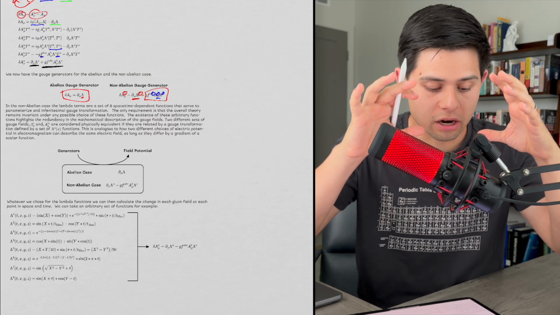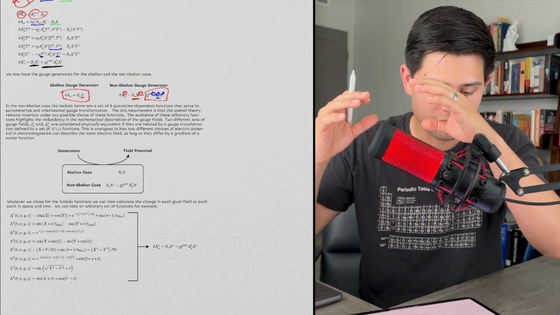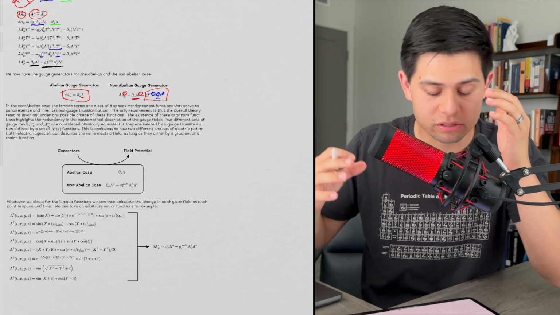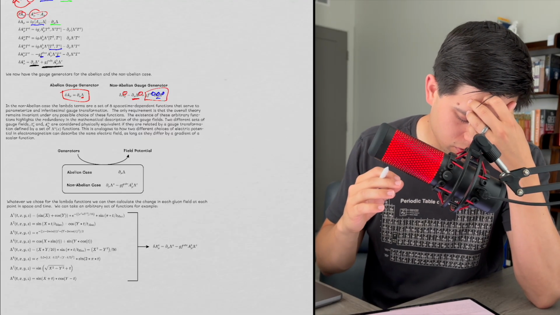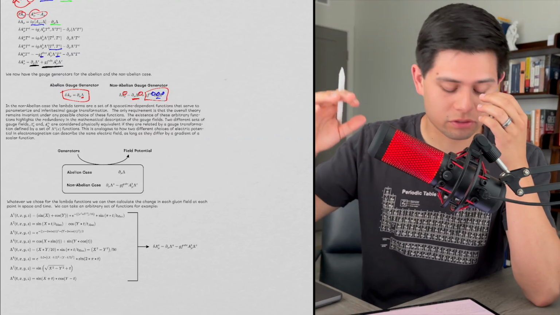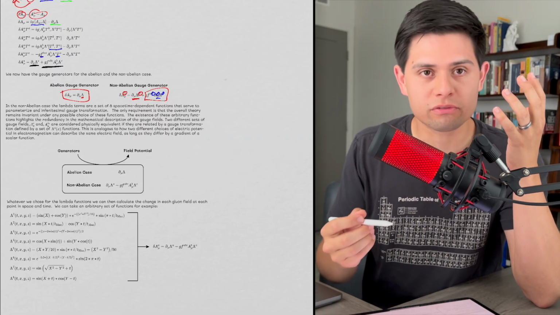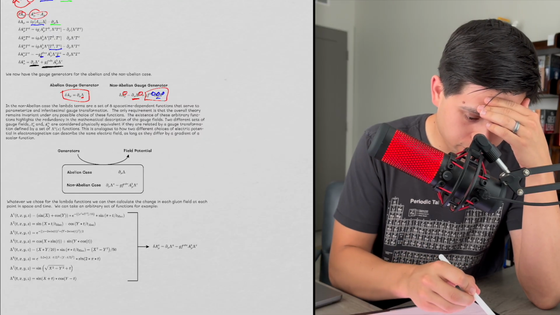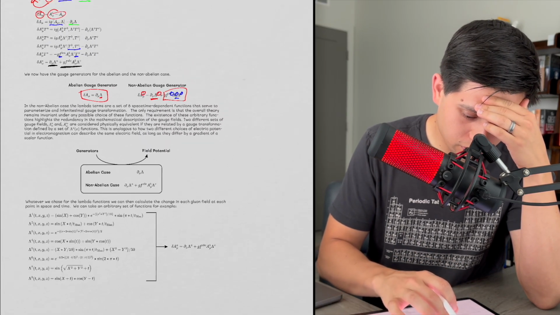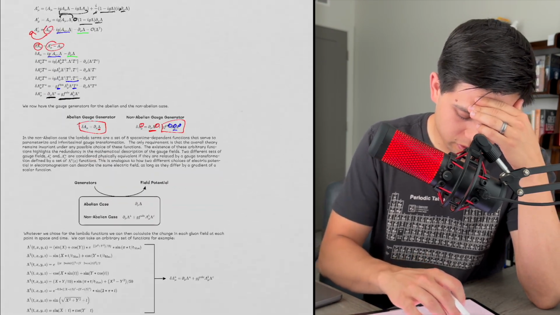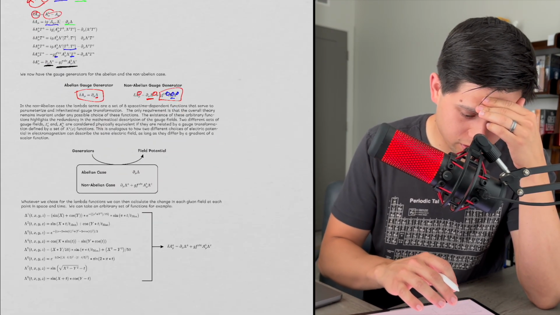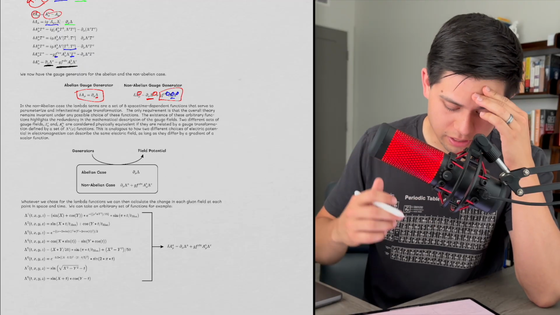In the abelian case, they're functions. In the non-abelian case, we have 8 of them, so they're still functions. But we can actually think of this as a matrix, and I have that later.